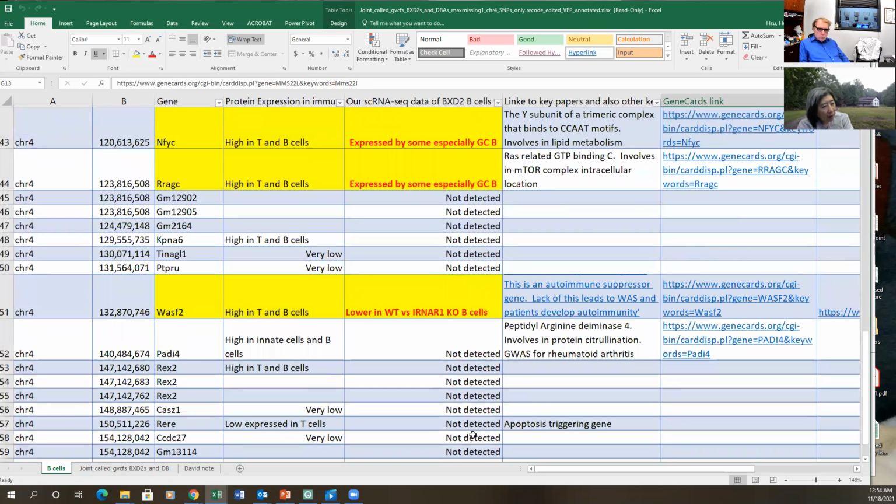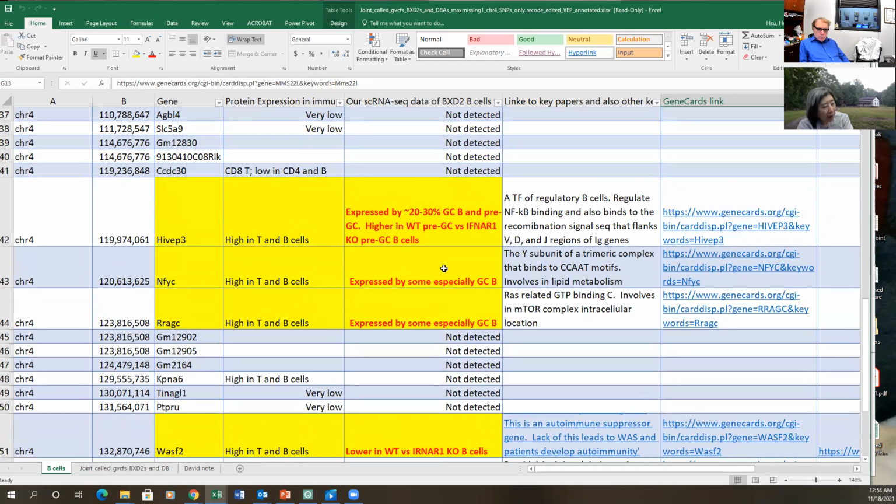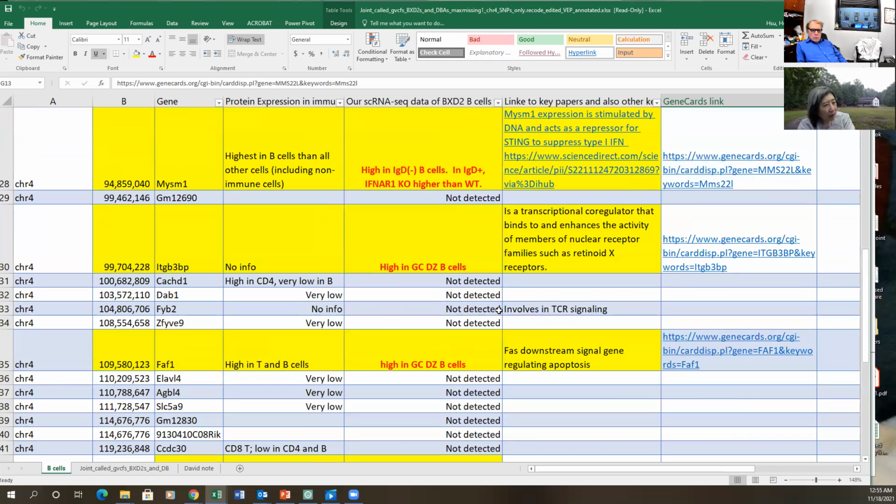Doesn't mean it's not expressed, it's just we did not detect. However, if we can detect and show something meaningful, that gives us another level of confidence that these could potentially be the candidate.